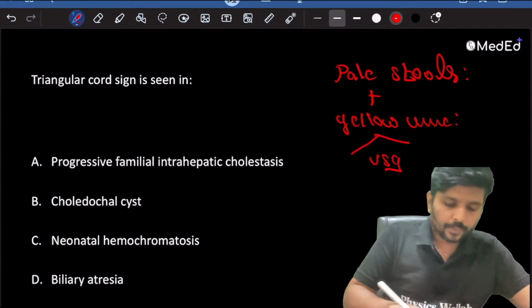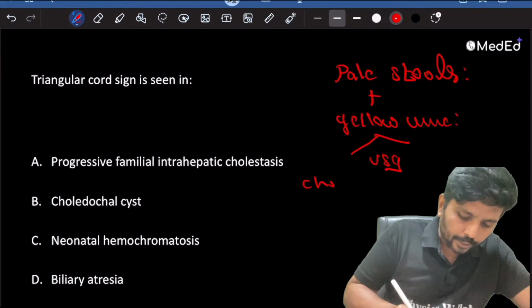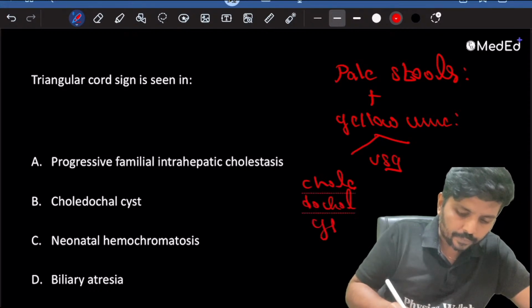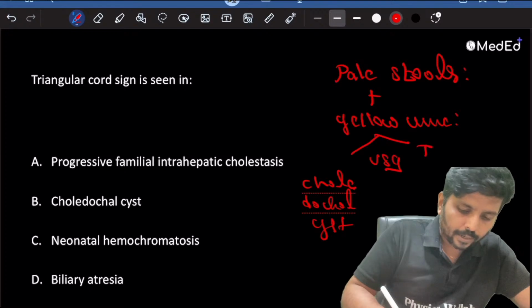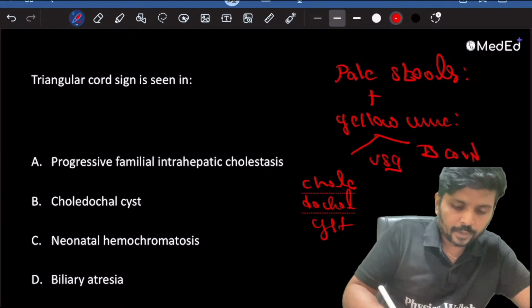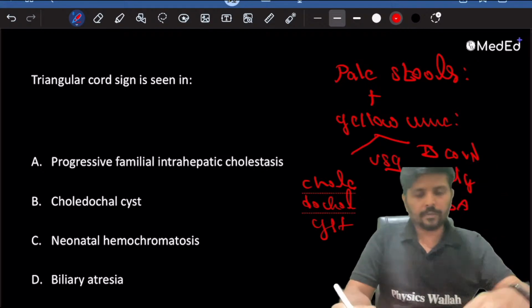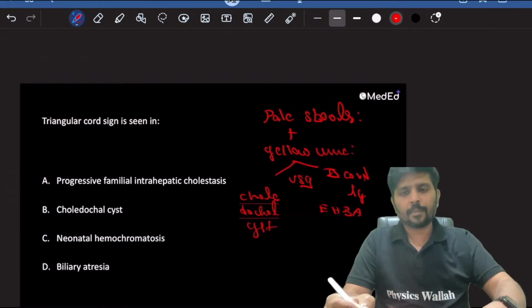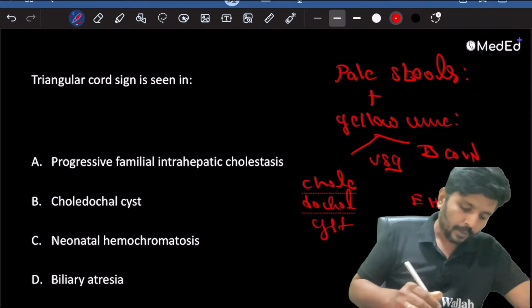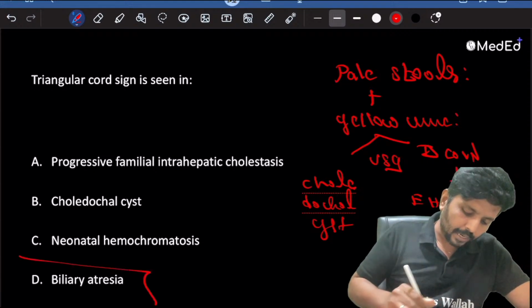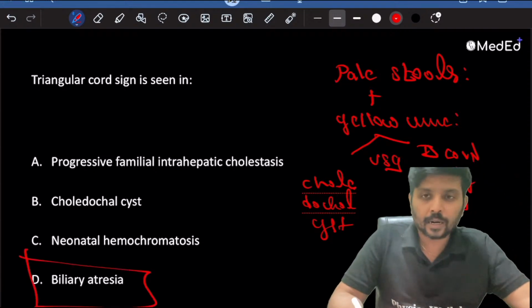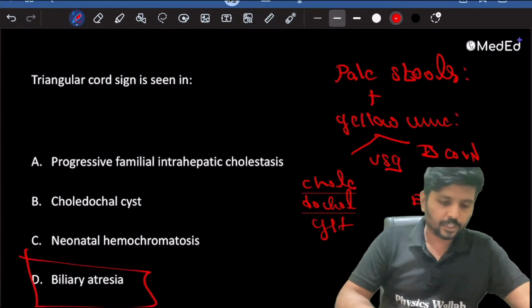It can show a choledochal cyst, or it can show the triangular cord sign which occurs in extrahepatic biliary atresia. So the answer is biliary atresia. Triangular cord sign is seen in biliary atresia.